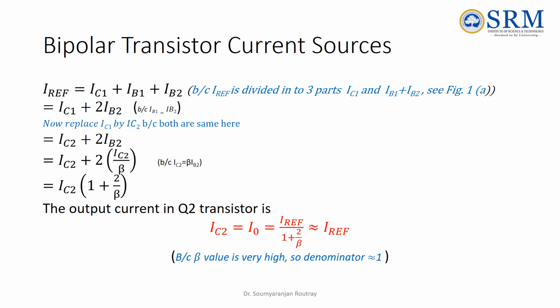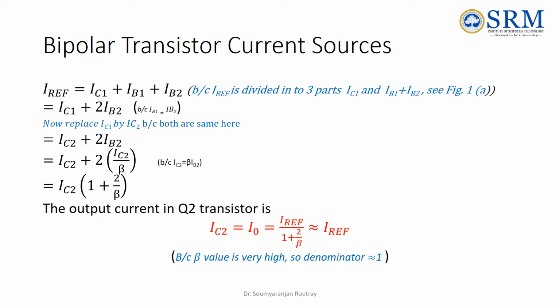The output current in the Q2 transistor, we can write IC2 is equal to I naught is equal to I reference divided by 1 plus 2 by beta. If we analyze this equation, I reference by 1 plus 2 by beta, the beta value in general is very high, greater than or equal to 2.